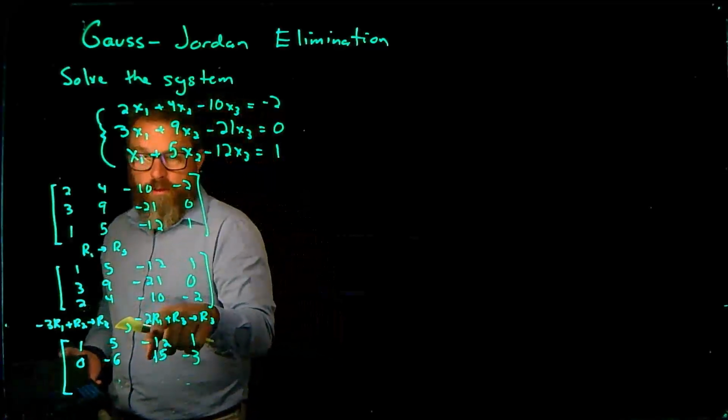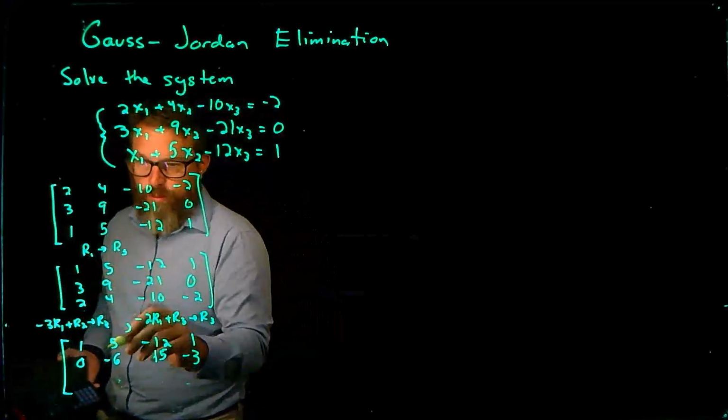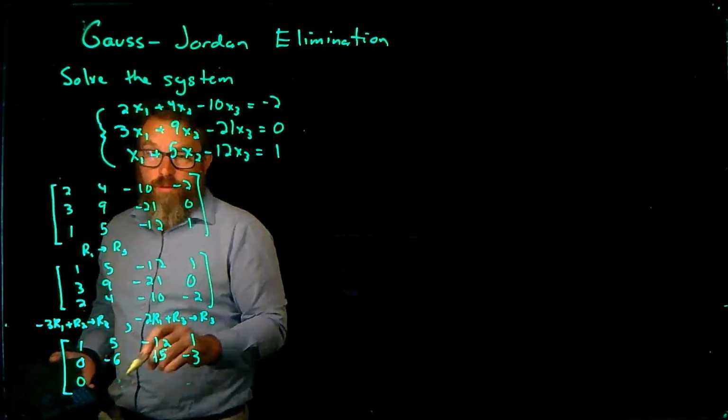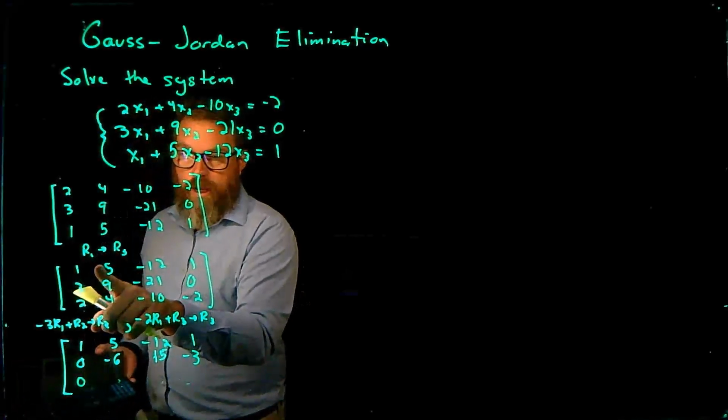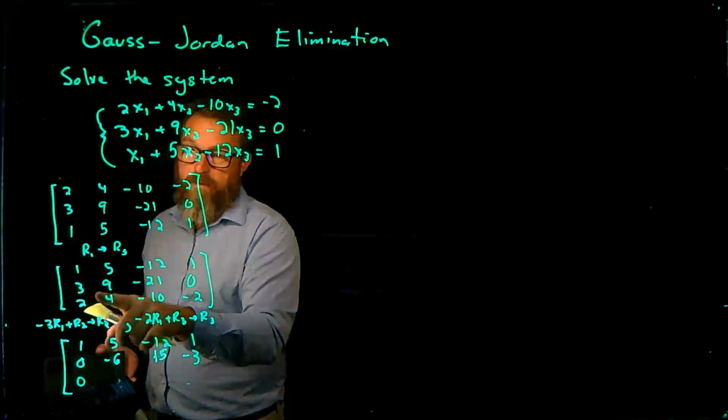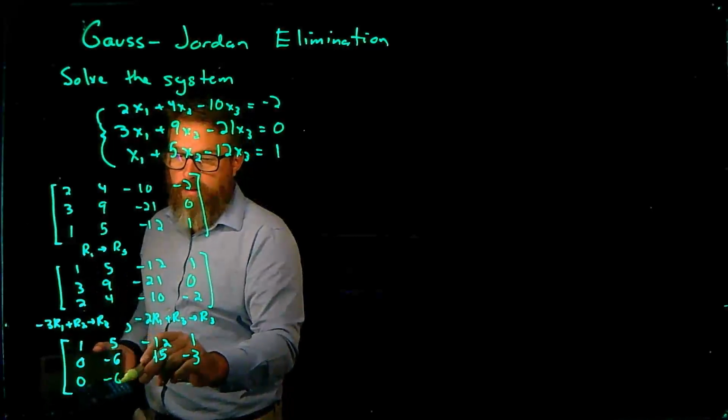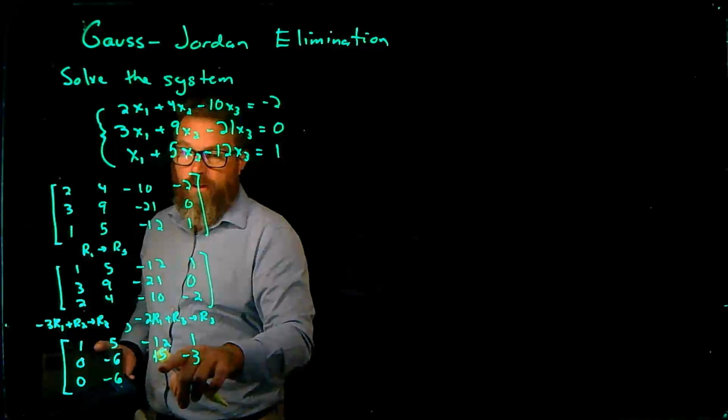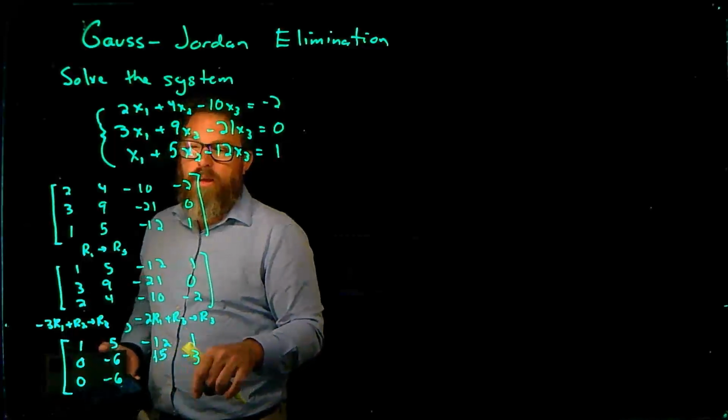Similarly, I have to do this for this bottom one. Minus 2 times 1 is going to be minus 2 plus 2, that's 0. Minus 2 times 5 is minus 10, plus 4 is minus 6. Oh, if we get like a 15 and a 3, I chose poorly.